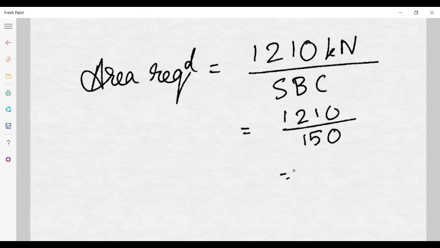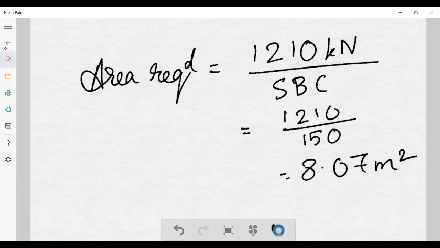So let me calculate it: 8.06, or you can say 8.07 meters square. Okay, so keep this in mind. Area is 8.07 meters square.